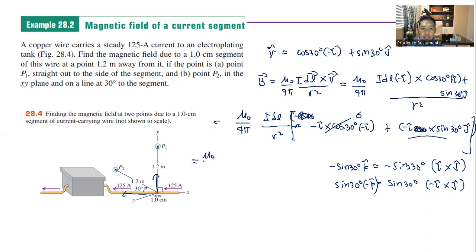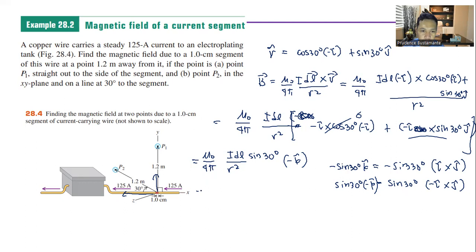So we have mu naught over 4 pi, I dl over r squared, and we have sine 30 degrees negative k hat. Or you can put the negative here, just like what we do here.